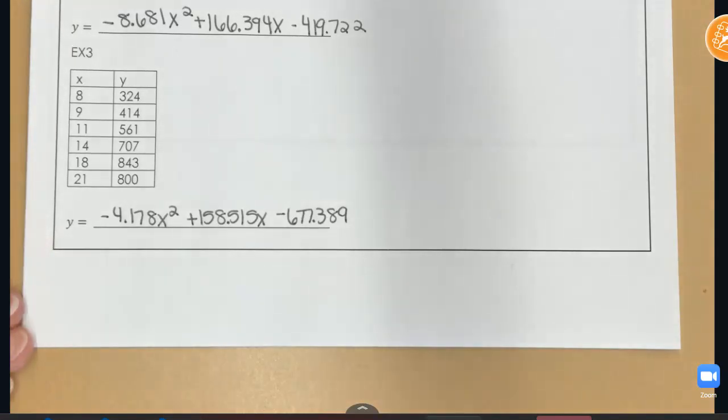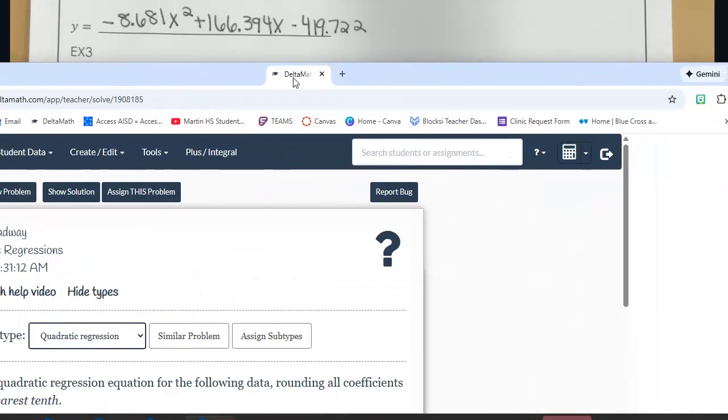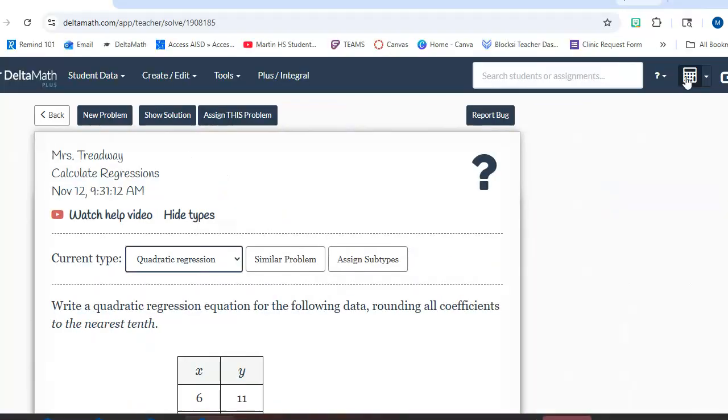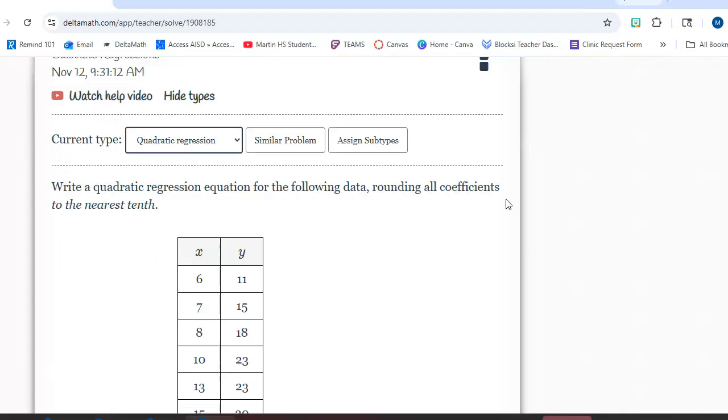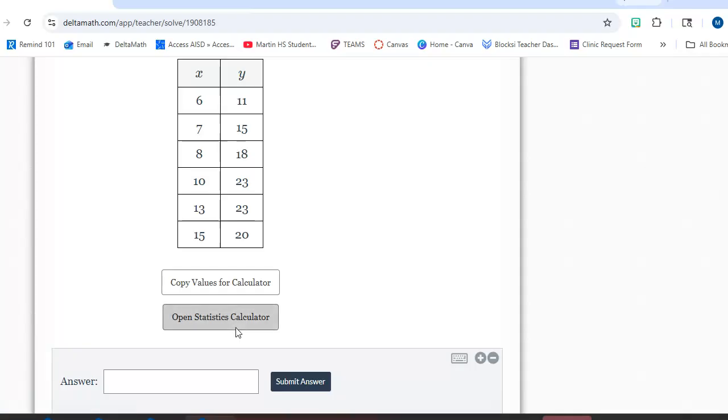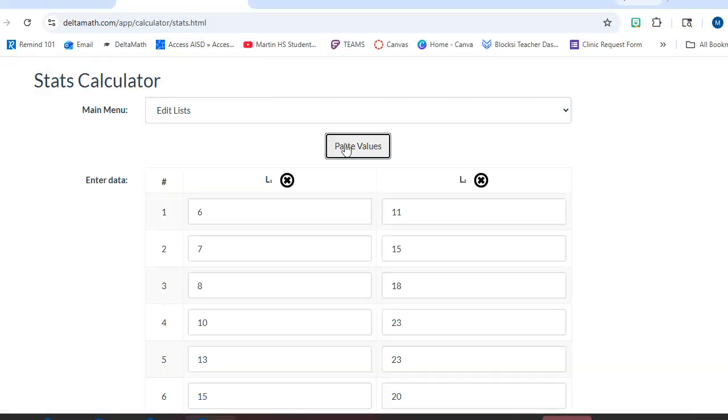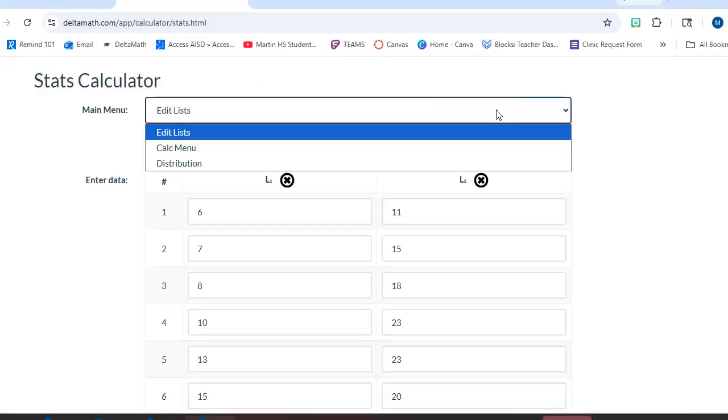I do want to show you one thing on your homework for today because it has a built-in regression calculator. You could use Desmos like I've shown you, and you'll have to do that on quizzes and tests, but when you're doing your homework, when you get to a problem with a quadratic regression, you can open a statistics calculator, copy the values for the calculator, and then paste the values.